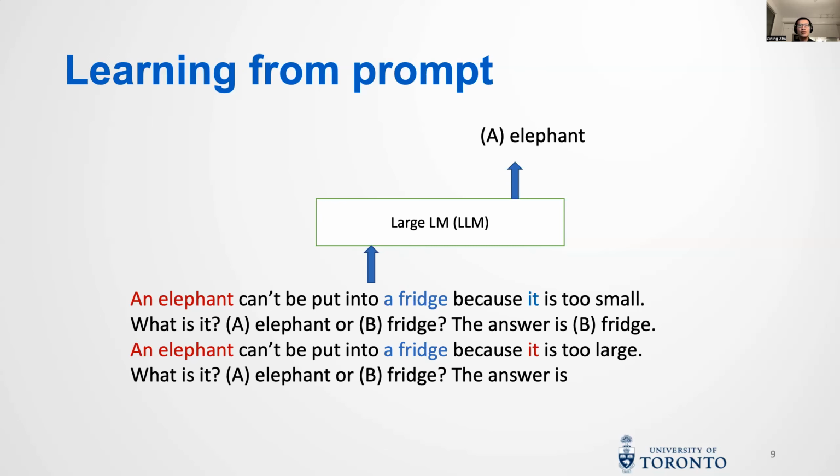Larger language models like GPT-3, OPT, and Bloom are able to follow the instructions in the prompt. And sometimes smaller models like GPT-2 show the ability to learn from the demonstrations in the prompt as well. The example does not need to be very similar to the question.